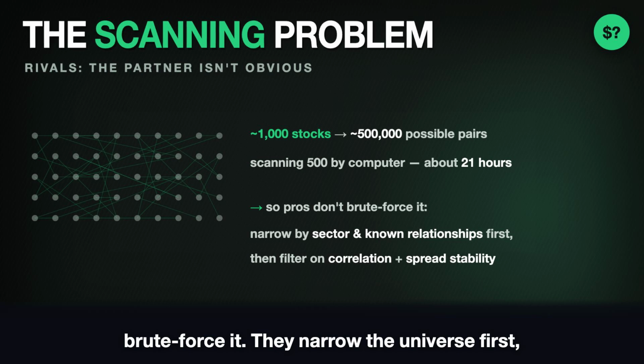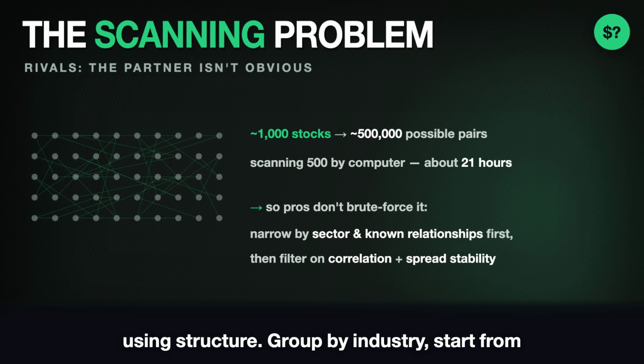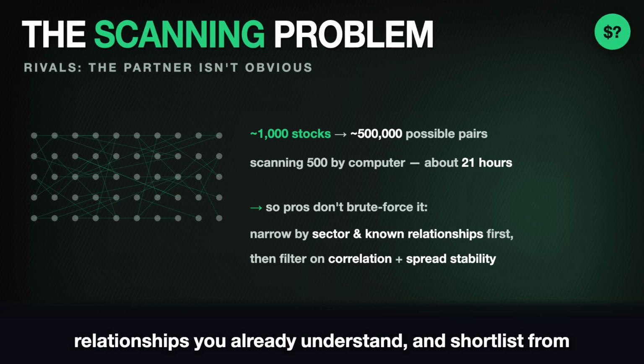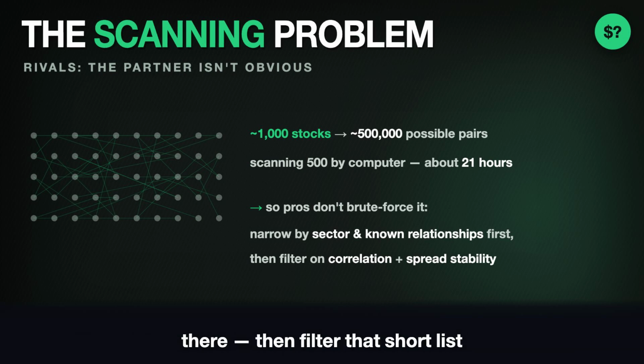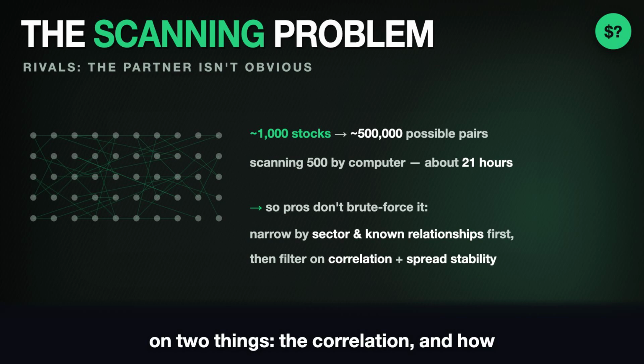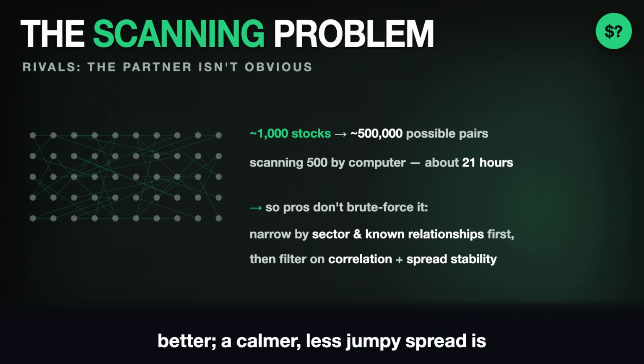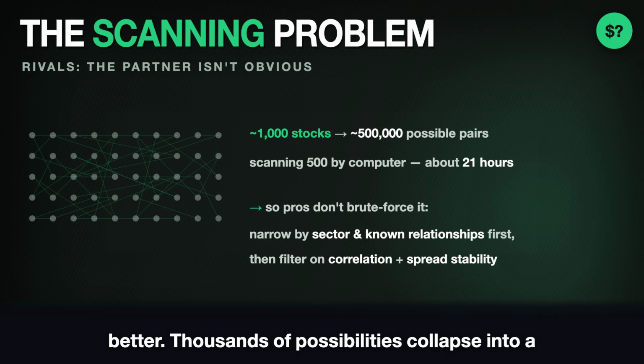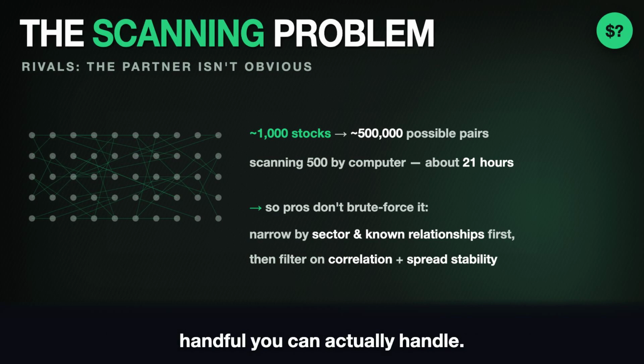They narrow the universe first, using structure. Group by industry, start from relationships you already understand, and shortlist from there. Then filter that shortlist on two things: the correlation and how stable the spread is. Higher correlation is better. A calmer, less jumpy spread is better. Thousands of possibilities collapse into a handful you can actually handle.